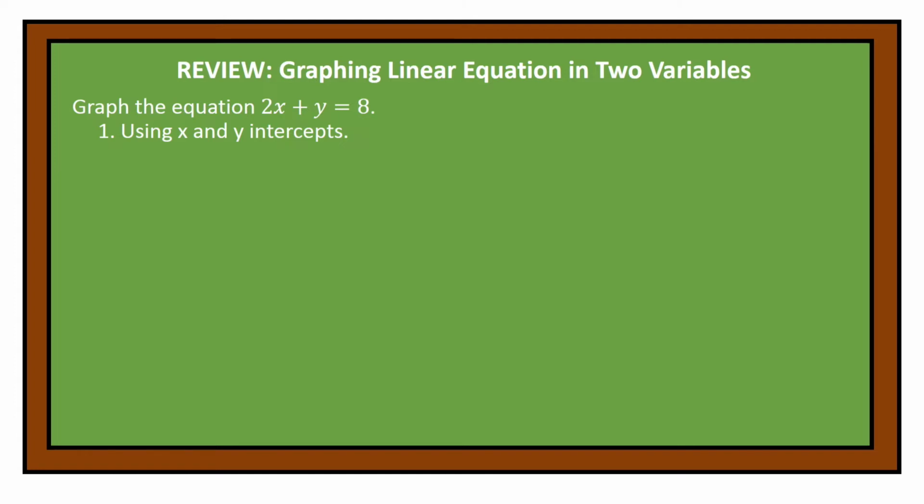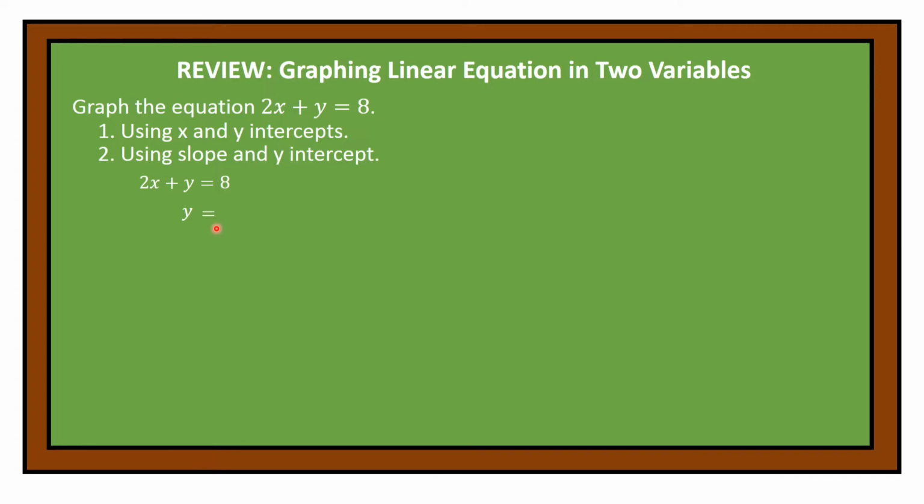Okay, so another way para mag-graph natin ang ating linear equation ay using slope and y-intercept. Okay, so our equation again is 2x plus y equals 8. So gawin natin itong slope-intercept form. So sa slope-intercept form, iiwan sa ating left side ang y.